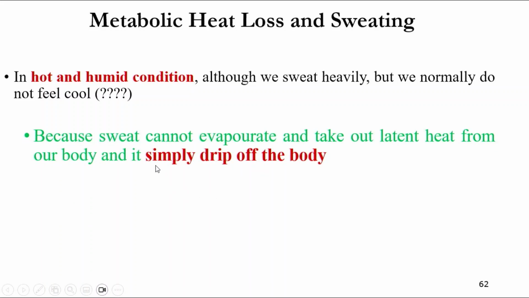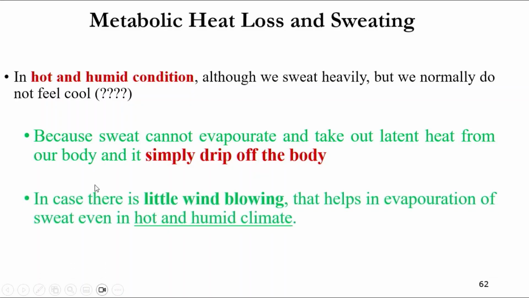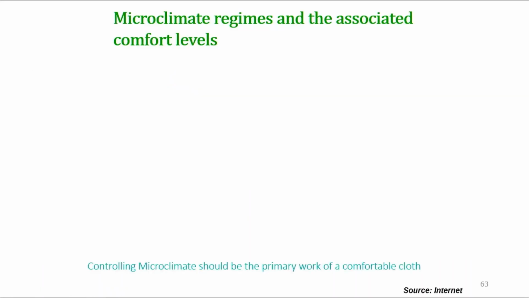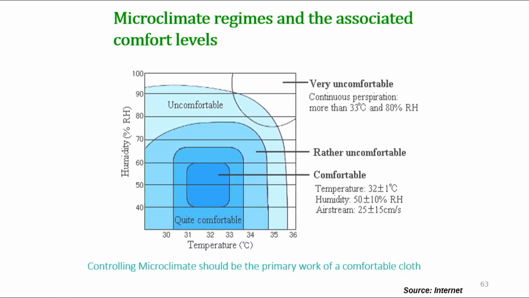Because sweat cannot evaporate at high humidity and take out latent heat, it will simply drip off the body and body heat will increase. In case a little wind is blowing, the sweat will be evaporated.